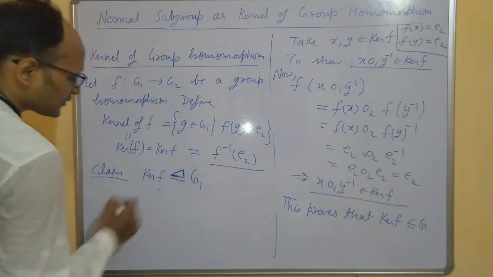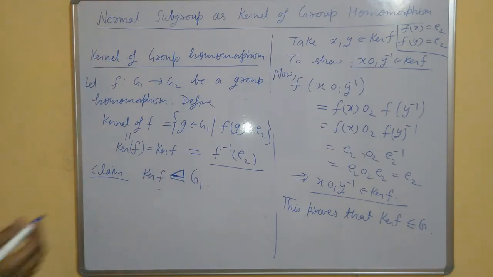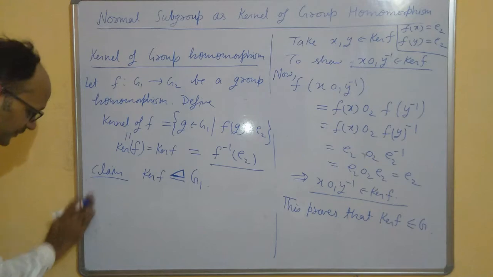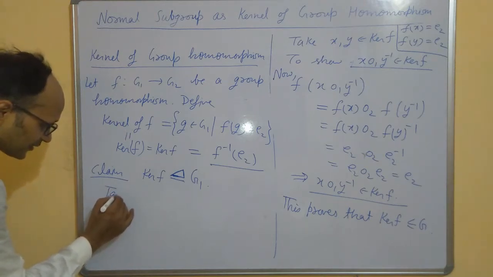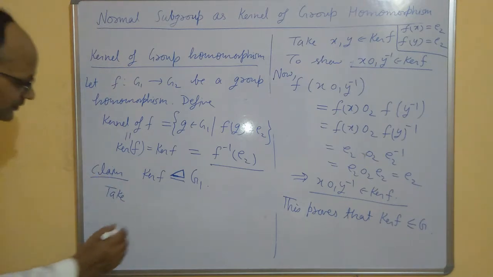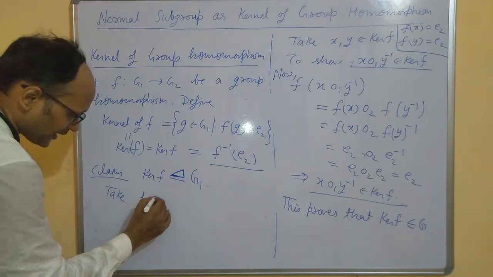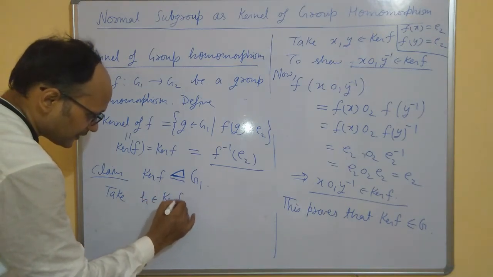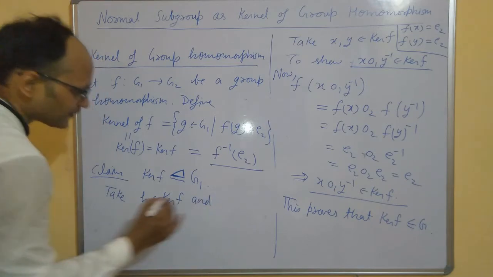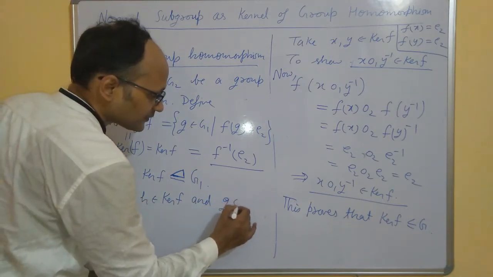There are several definitions for showing a normal subgroup. Let me choose one which may be easier for us. So let me take an element h in kernel f and g in G1.